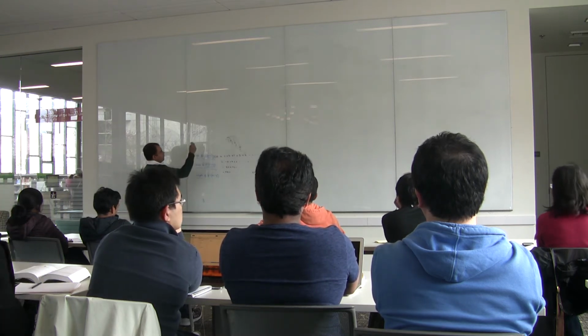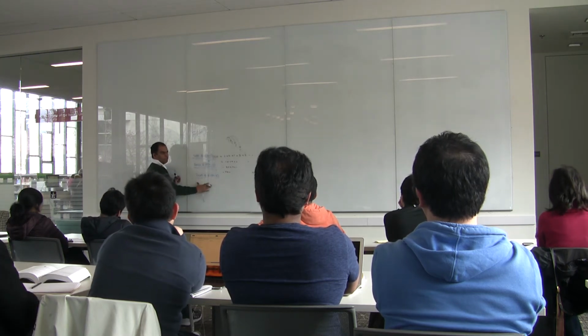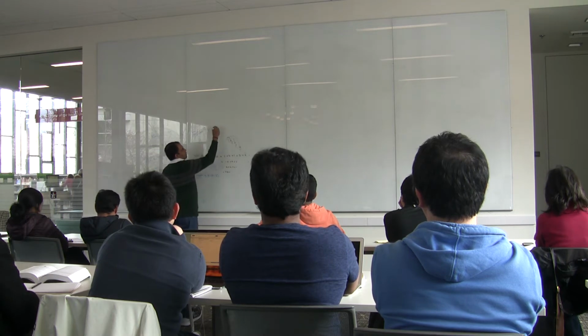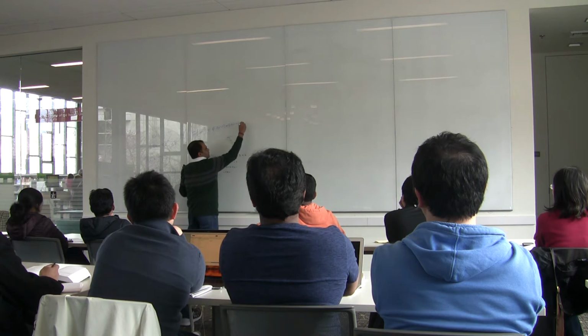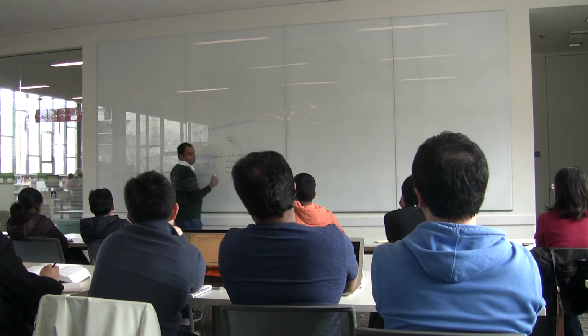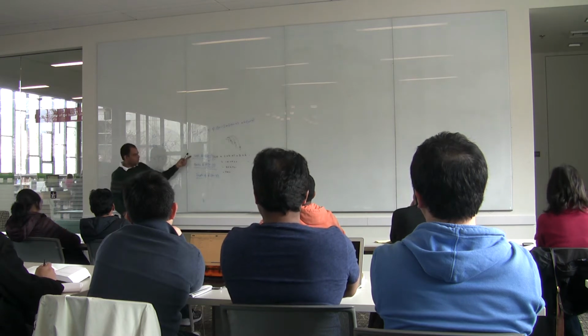So the number of ways of doing this is essentially the number of ways you can do this, plus the number of ways you can do this, plus the number of ways you can do this. That essentially will work out to f of n minus 1, plus f of n minus 2, plus f of n minus 3. And that works because it's this way, plus this way, plus this way. The number of ways you can do this is f of n minus 1 ways.